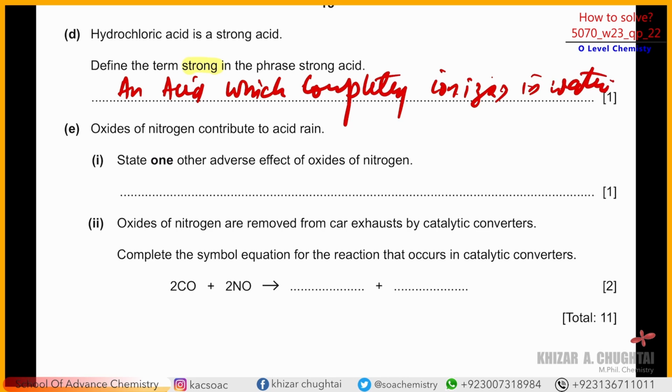An acid which completely ionizes in water is called a strong acid.